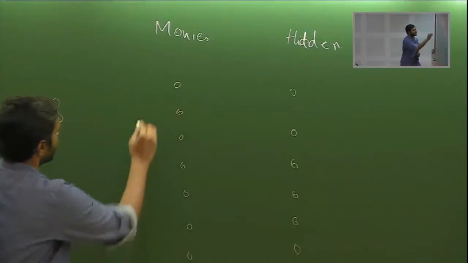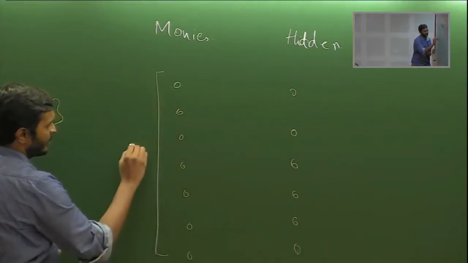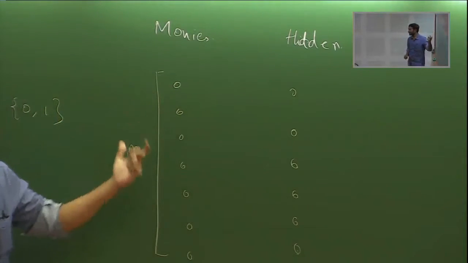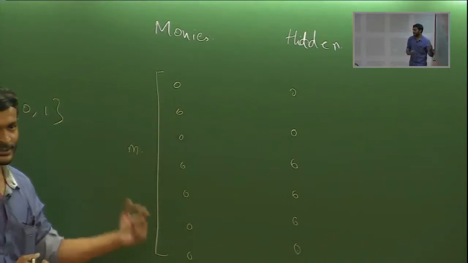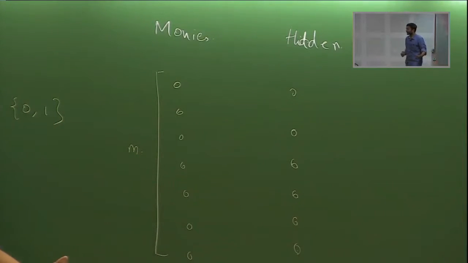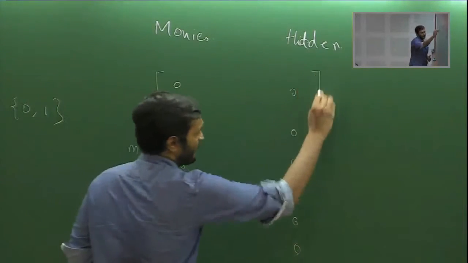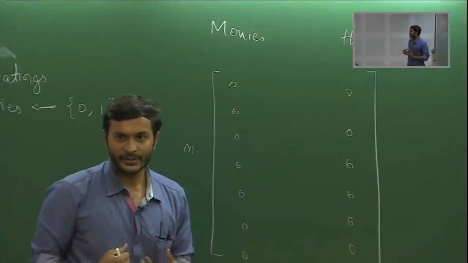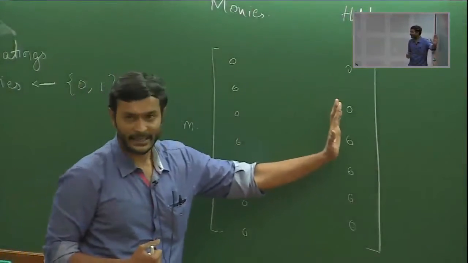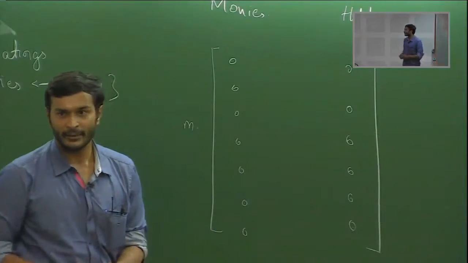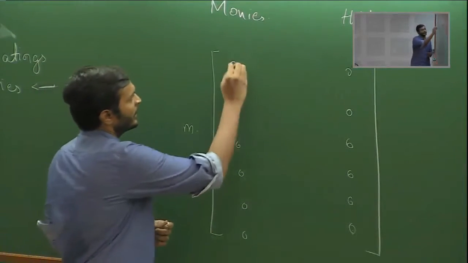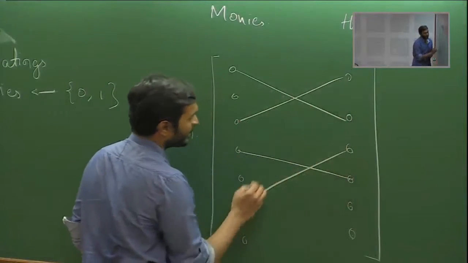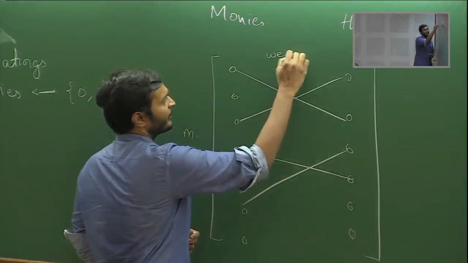So the idea is that now we have a bunch of movies, and we are trying to use some of the ratings that the user has given for the movies to figure out the ratings for the rest of them. So somehow we want to capture the information that the user has in the hidden side, which is not actually shown to the end user. So really the model is just some kind of a weighted bipartite graph.